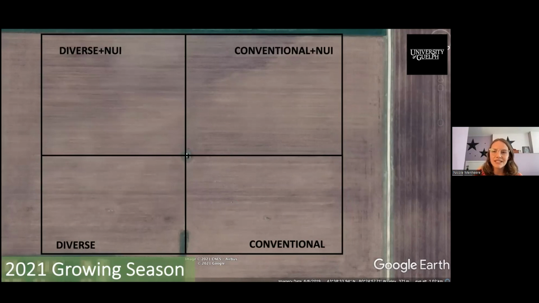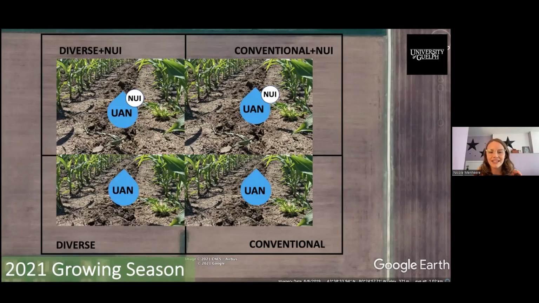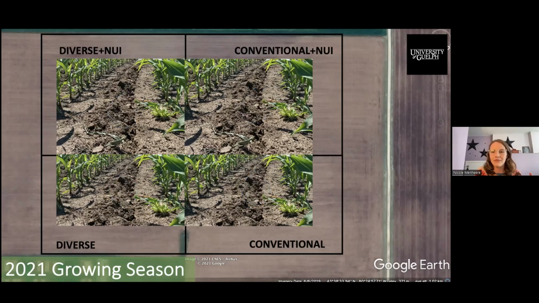A couple weeks after corn was planted, it was at the six leaf stage, and then the nitrification and urease inhibitor Tribune was applied to the top two plots there, one in a conventional and one in a diverse plot.